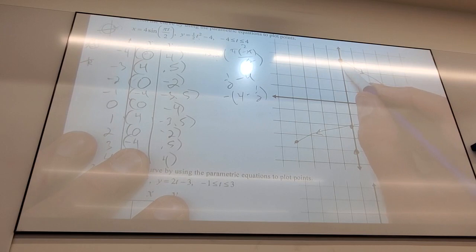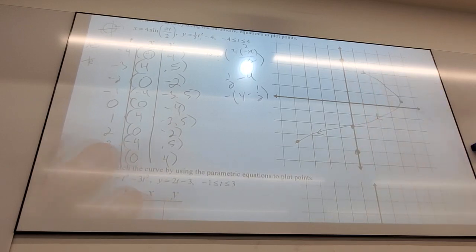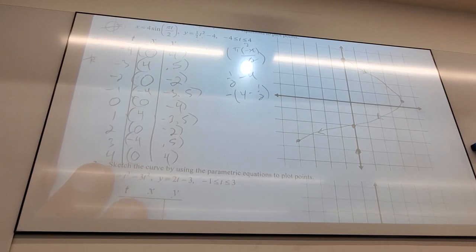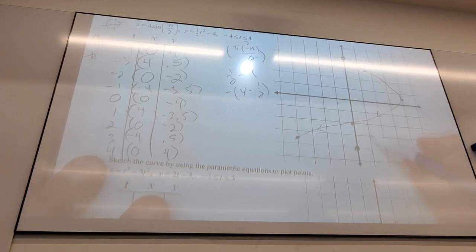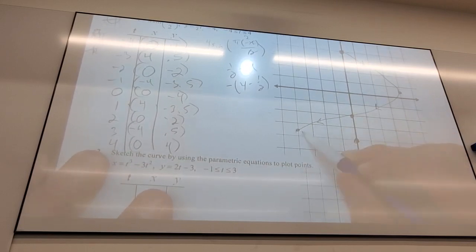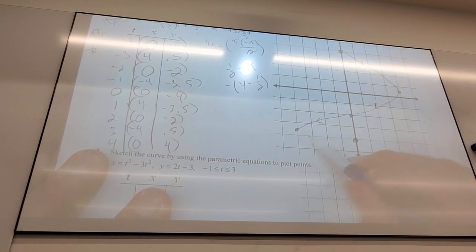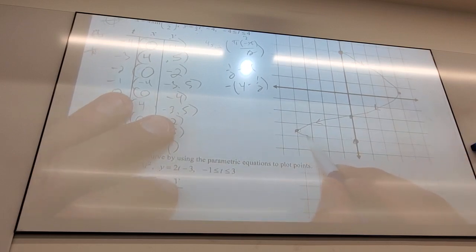So I plotted that point, I plotted the next point, I connect them with a bit of a curved line, not a straight line. Put an arrow. Plot the next point, connect them, put an arrow. This looks more parabolic, less curvy. It also looks like sine, doesn't it? I know it's comprised of those two, so it should be curvy, not straight. Next point, curvy, arrow. Next point, curvy, arrow.